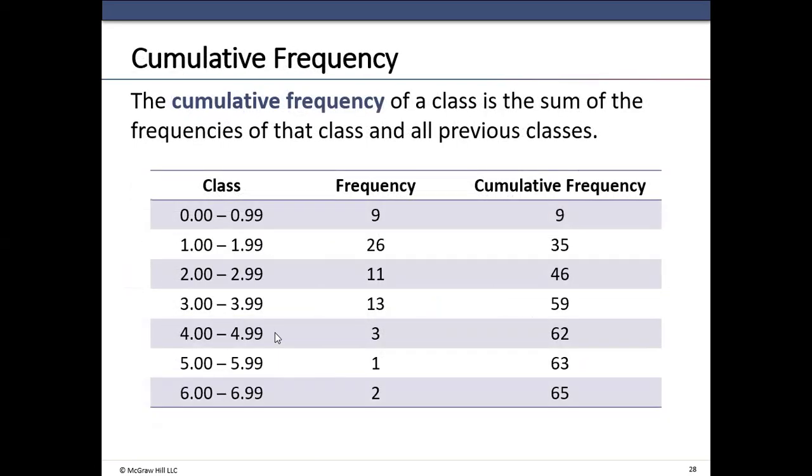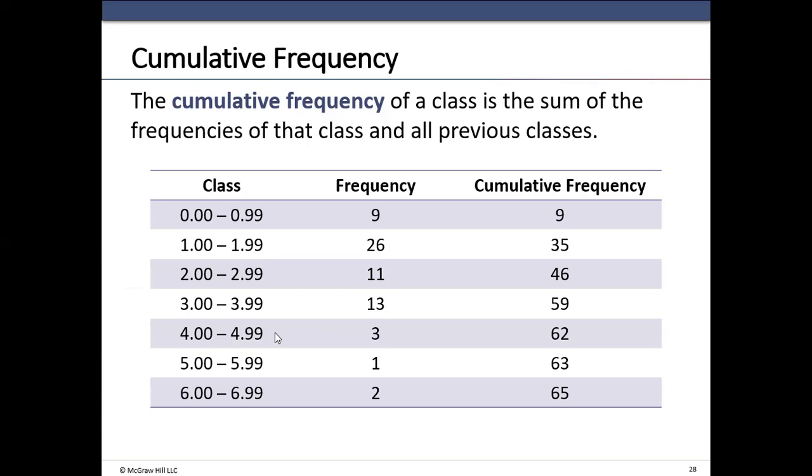And for cumulative frequency, you just add the frequency of the class before that. So you start with the first class, which is between 0 and 0.99. The frequency of that class is 9. There is nothing on top of it, 0 frequency on top of that class.